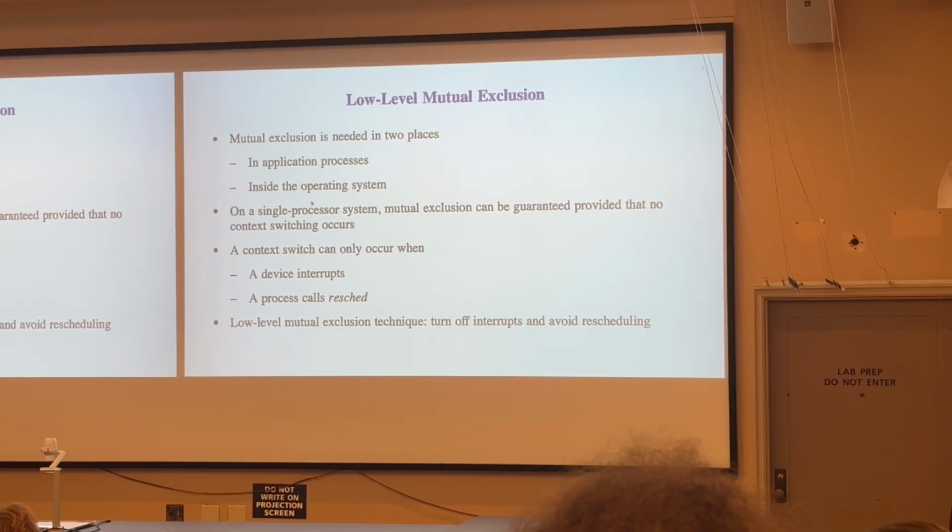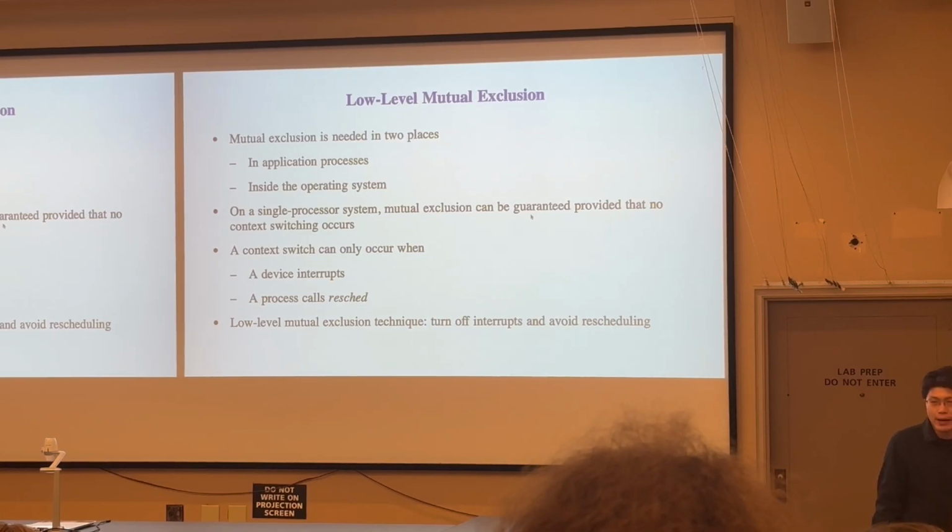Mutual exclusion is needed in two places: in the application process, but also inside the OS. On a single processor system, mutual exclusion can be guaranteed if no context switch happens, which means you can disable interrupts to guarantee mutual exclusion.